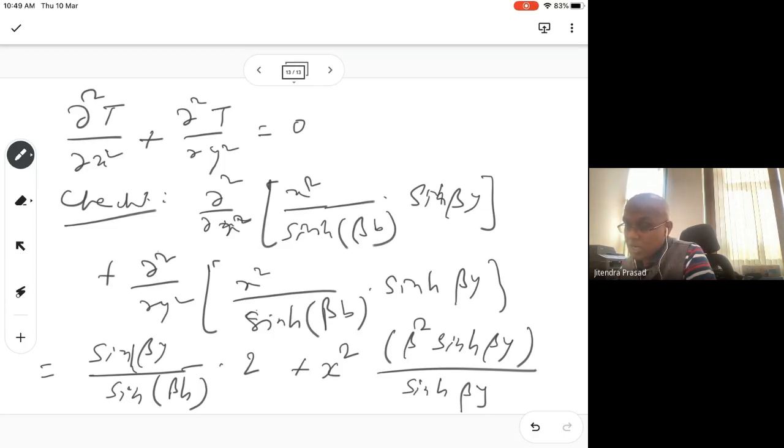You guys agree? So we put the 0 value here, first x equal to 0.